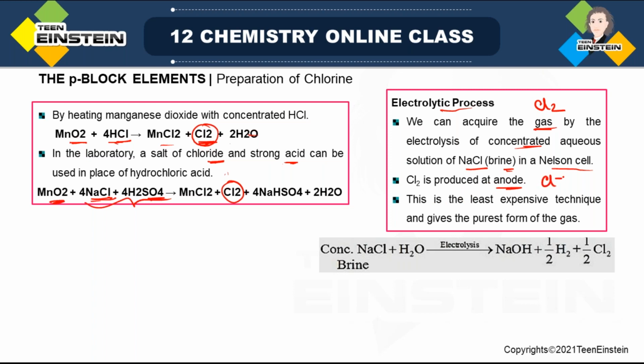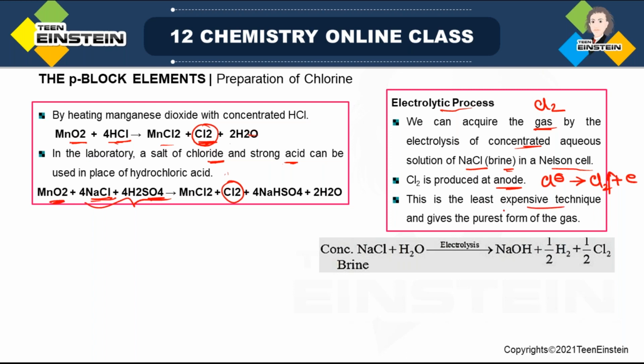That means Cl minus is converted to chlorine and an electron is removed. So chloride has a -1 charge and it is losing an electron. That means this is oxidation. So chlorine will be produced at the anode. This is the reaction occurring at the anode.